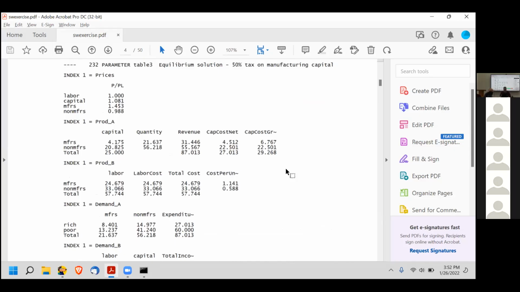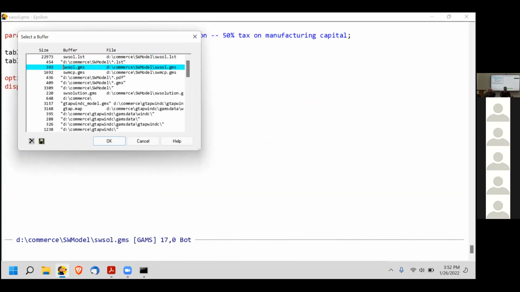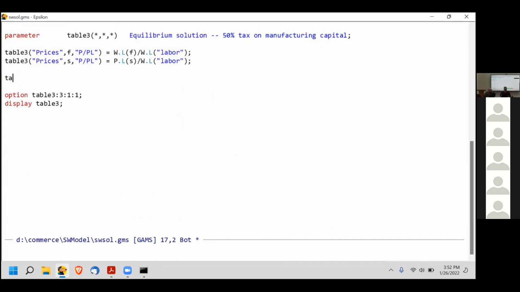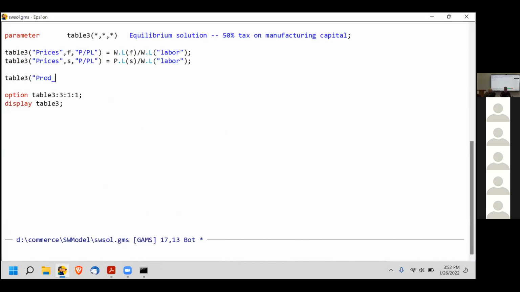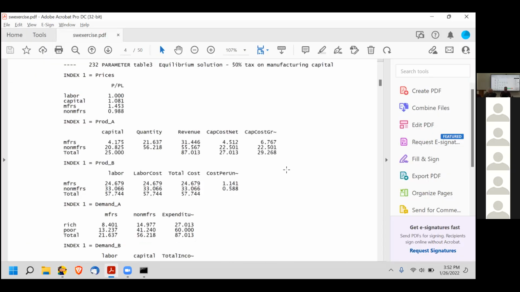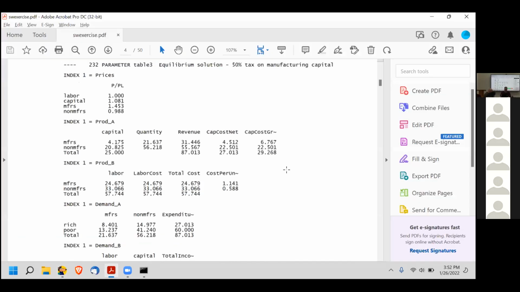Okay, let's look at what we got here. I'm looking at what it says, prod underscore A. I'm just going to write myself a list of what I need to do.